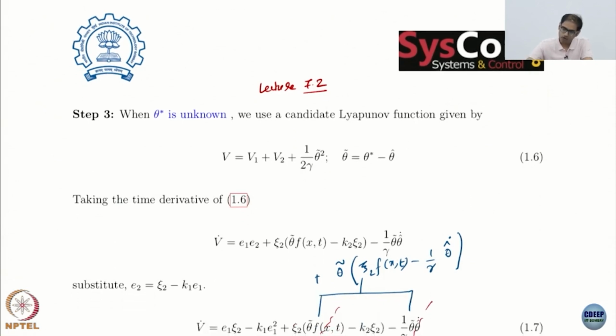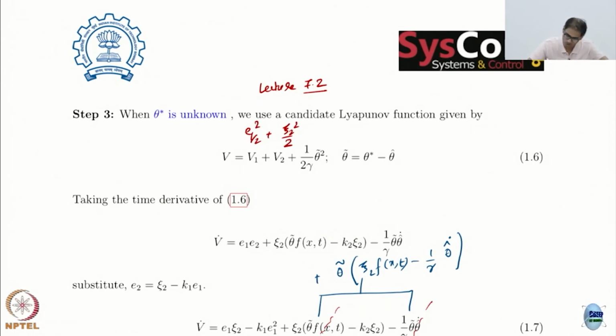Now we take the time derivative just like we were doing earlier. V1 dot is e1 dot, so e1 e2. V2 dot, I have to write some terms. If you remember, this is e1 squared by 2 plus psi 2 squared by 2.